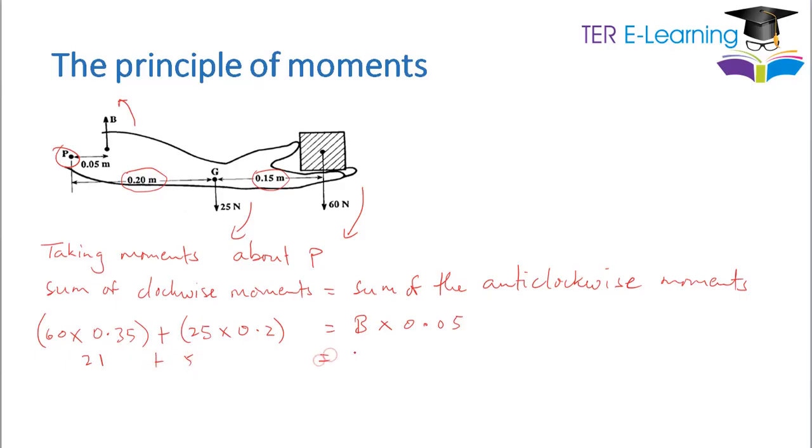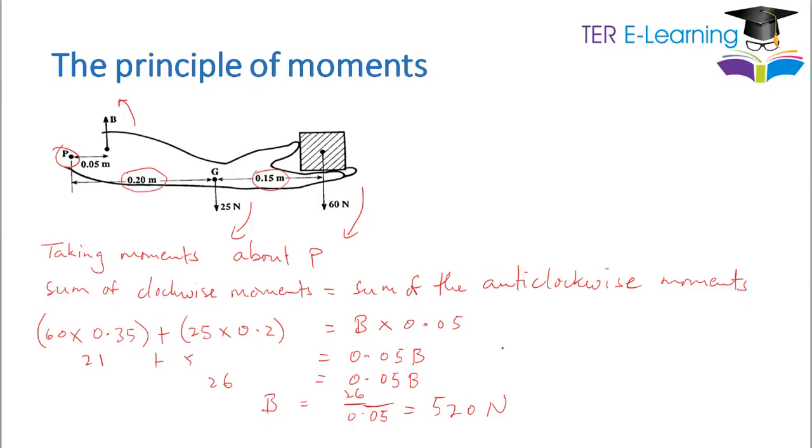Plus 5 equals 0.05 B. So this is really 26 is equal to 0.05 B. Therefore the force B is equal to 26 over 0.05. So that's 26 divided by 0.05. And that gives me 520 newtons.